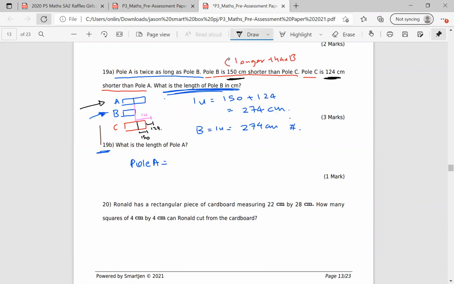So I need to find 2 units. 2 units equals 2 times 274, and then I get 548 cm. Okay, no square, because this is not area. This is just the length. So that's our answer.